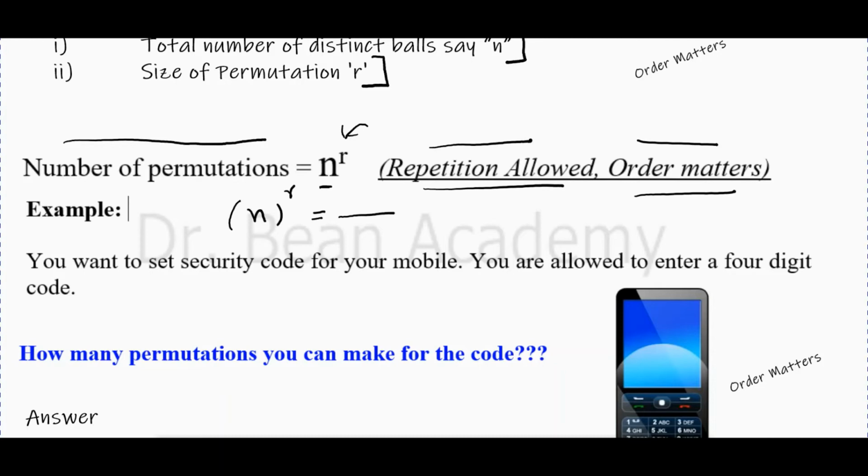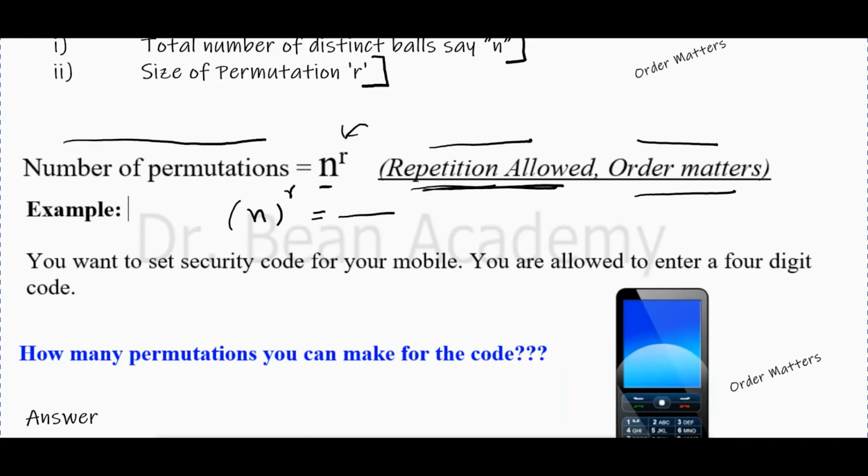So always remember that, because you have to have this condition if repetition is allowed or not, because if repetition is not allowed, you will have a different formula. So this formula is only applicable when repetition is allowed, and you need to have N and R for any given situation. So let's solve an example, and I will explain it further.